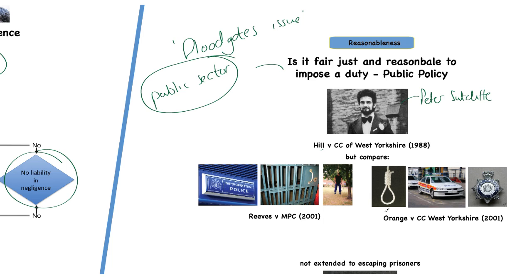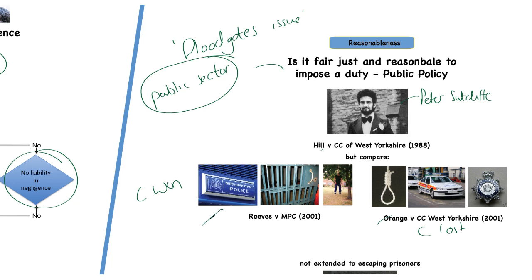And the court says that although the police were under a duty to take reasonable steps to identify whether or not a prisoner presented a suicide risk, the obligation to take reasonable care to prevent a prisoner taking his own life only arose where the police knew or ought to have known that the individual presented a suicide risk, such as in Reeves. So because they did not know in Orange, here the claimant lost, and here the claimant won.